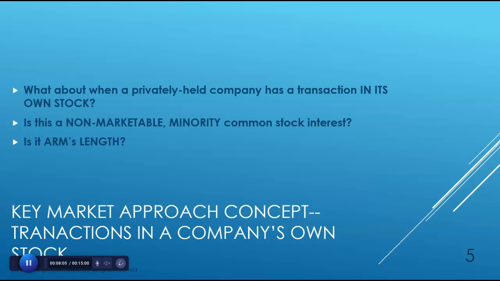One of the key questions when you identify this type of transaction is: is it an arm's length transaction? Now, what the heck is an arm's length transaction? Does that mean it was like 34 inches from someone's shoulder? No, that is truly an arm length, but that's not what we're talking about here.